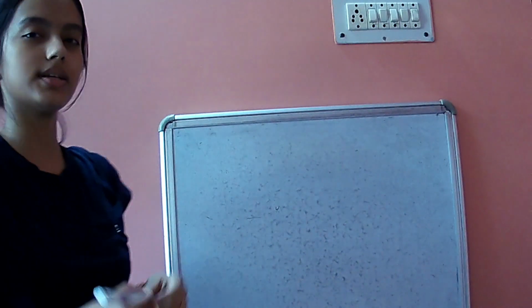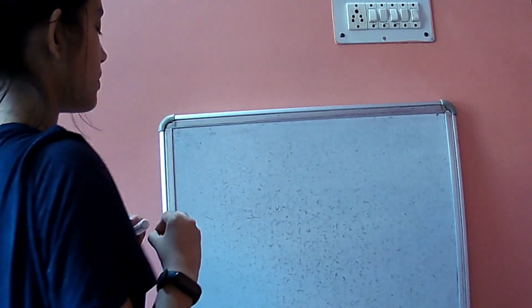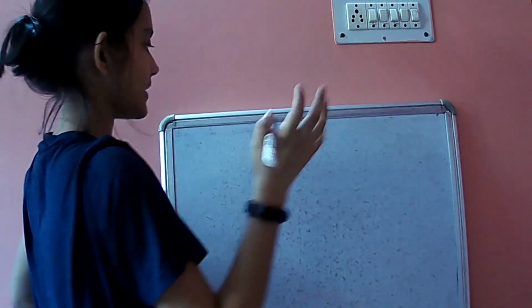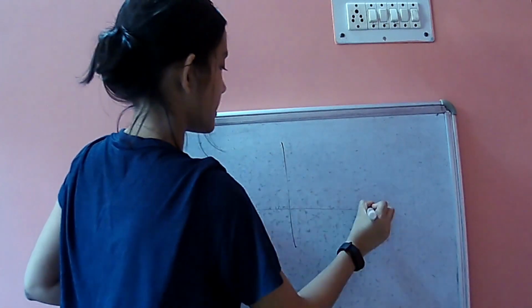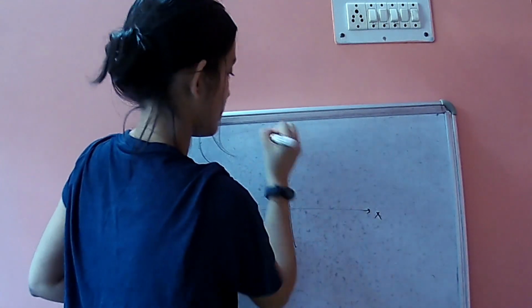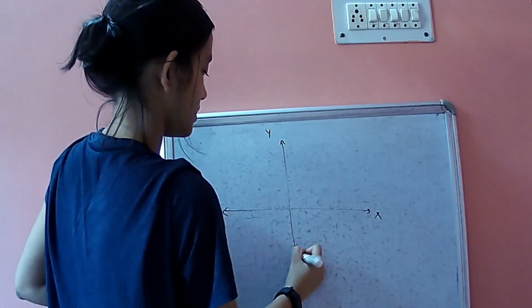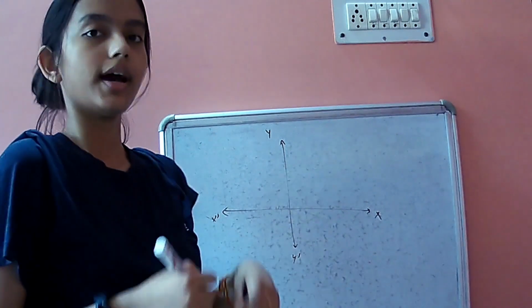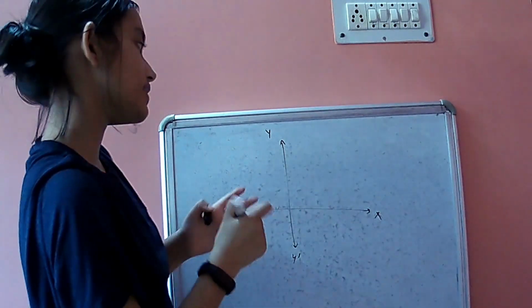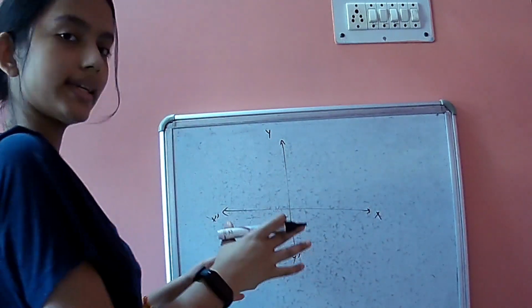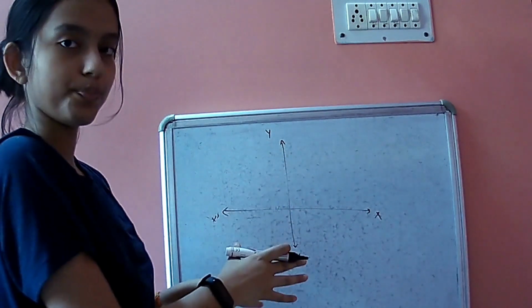The second question is a little bit trickier. What you are given is that, consider this xy plane, with X, Y, X dash, Y dash. And you are given the coordinates of all the objects that are in the room.